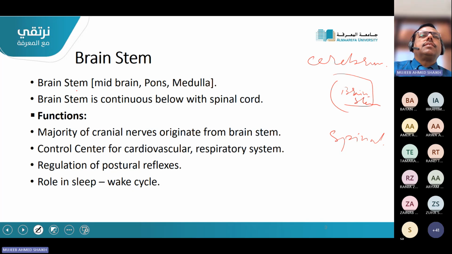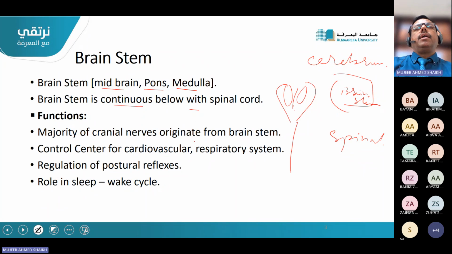It contains three structures: midbrain, pons, and medulla oblongata. If you see it on the front side, it will look like this. This is the medulla actually, and it is continuous below as the spinal cord.